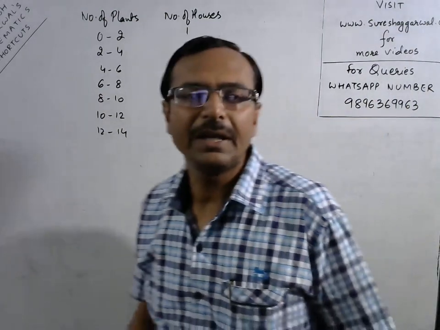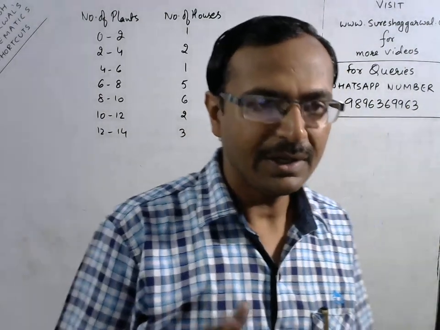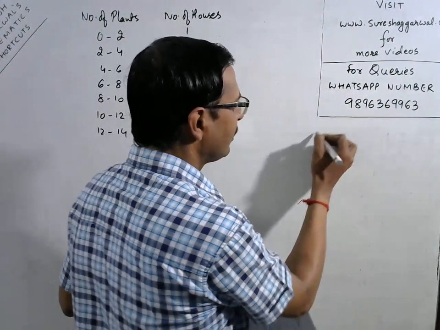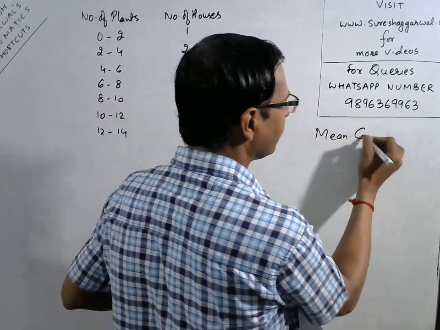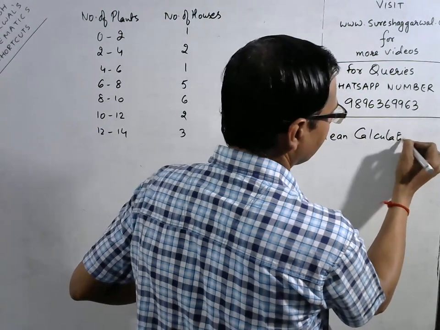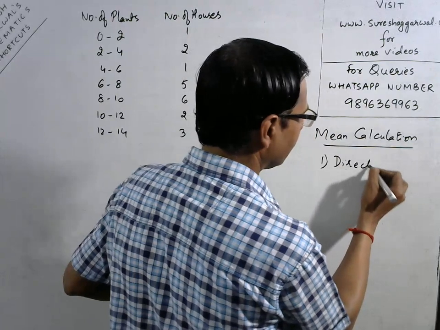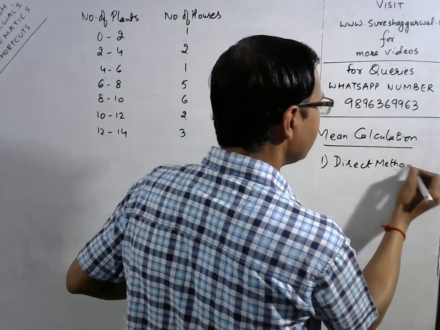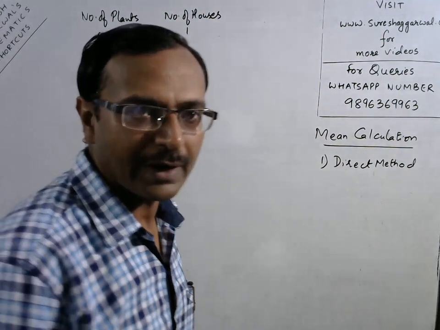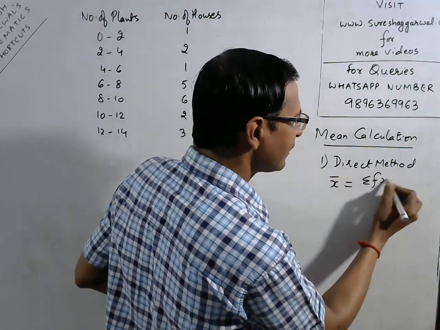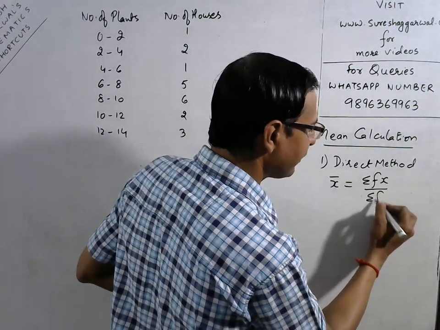Now how do you calculate mean? I'll just tell you that there are three different methods to calculate mean, and the first method for mean calculation is the direct method. For the direct method, the formula for finding the mean is x bar is equal to sigma fx upon sigma f.